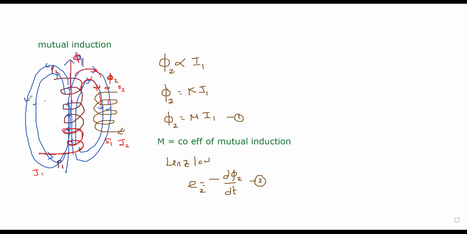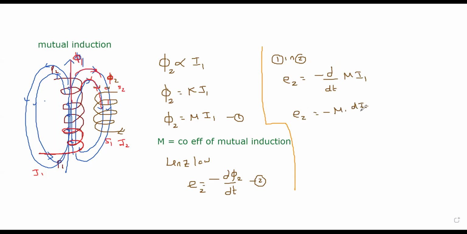Now substituting 1 into this, we get E2 is equal to minus d by dt of M I1. M is a constant, so take it outside. E2 is equal to minus M into dI1 by dt. So it is the last equation. Till this point, if you have any doubt, you can ask me.